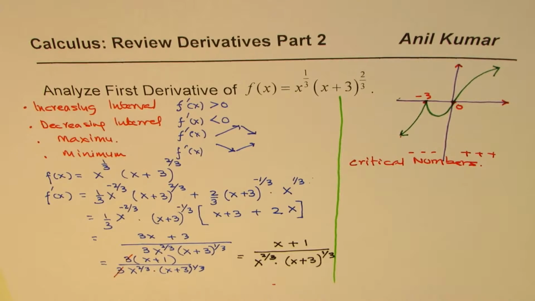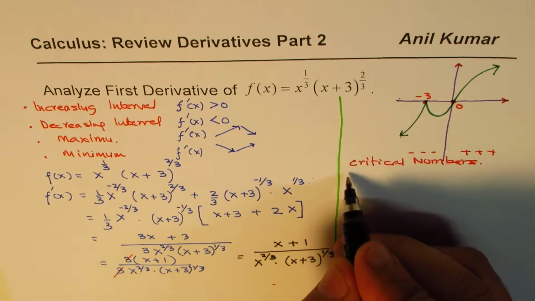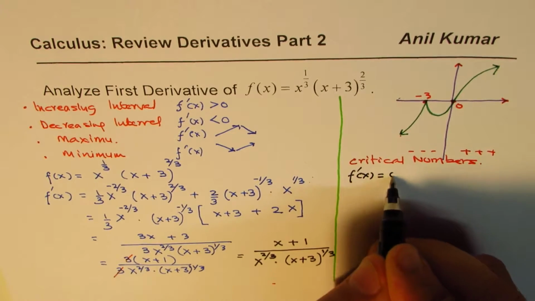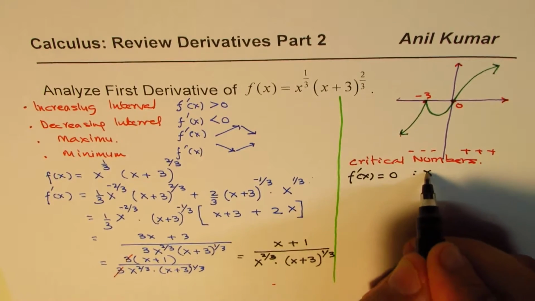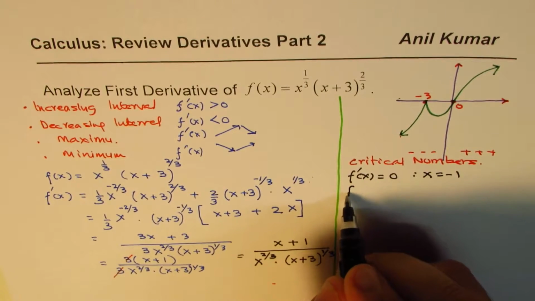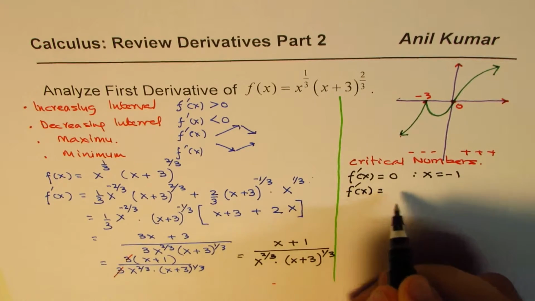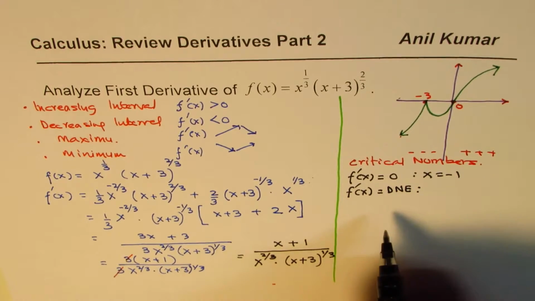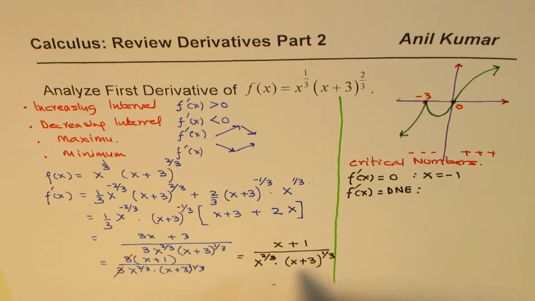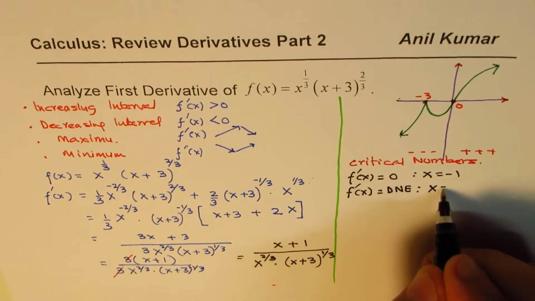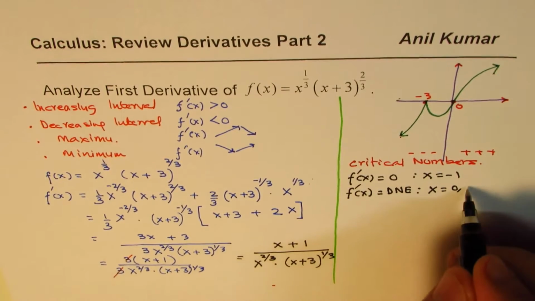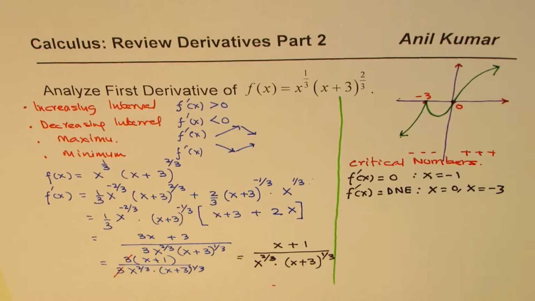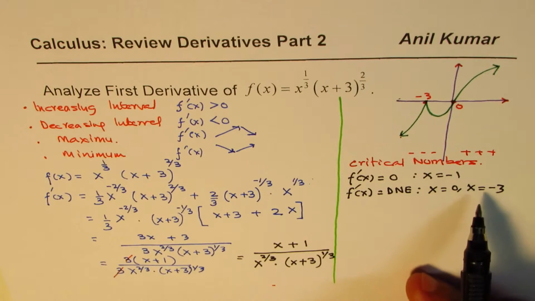To find critical numbers, we need to figure out where the derivative f dash x equals 0. That is at x equals minus 1. And then also when the derivative is undefined, so it does not exist, right? In that case, the denominator is 0, so that gives us two values, x equals 0 and x equals minus 3. Do you see that? So we have these 3 critical points.